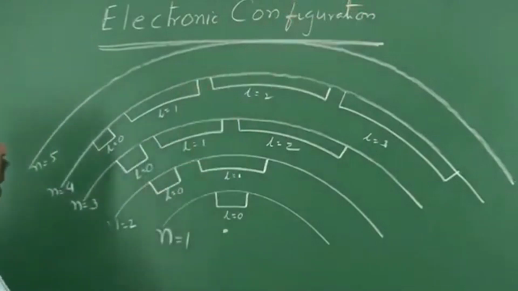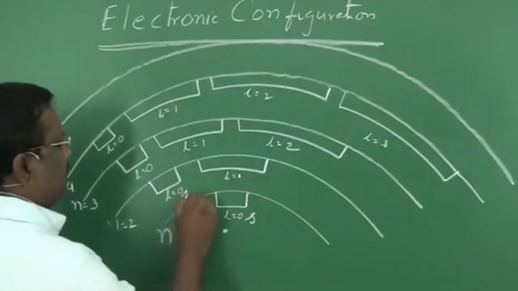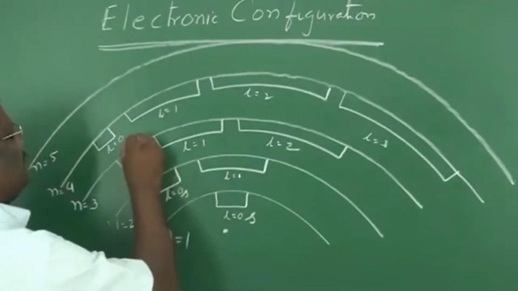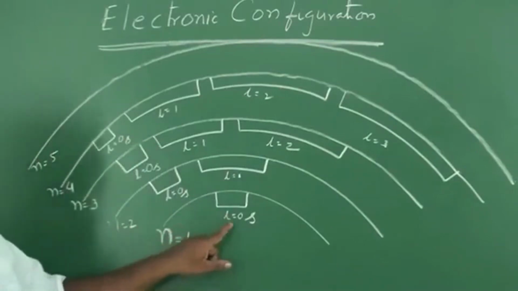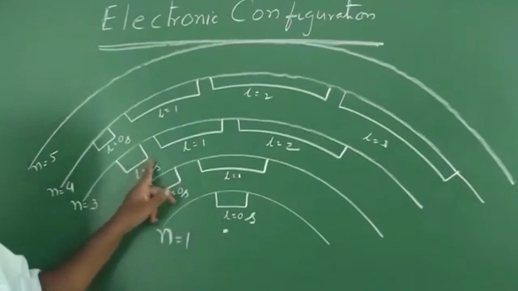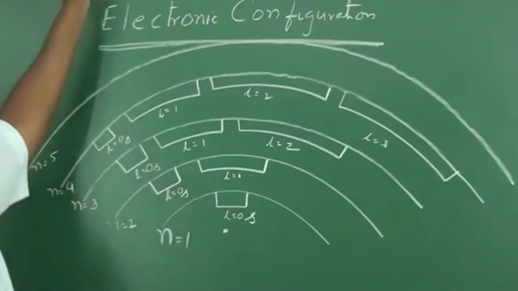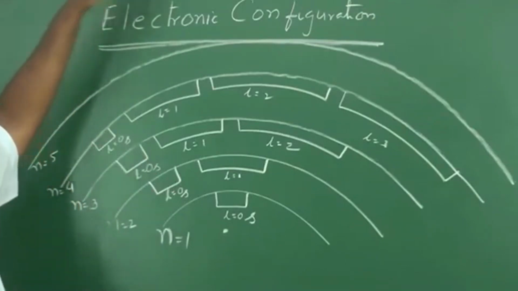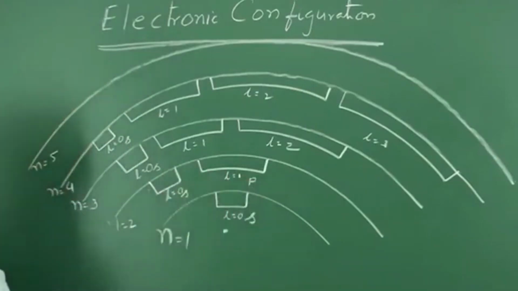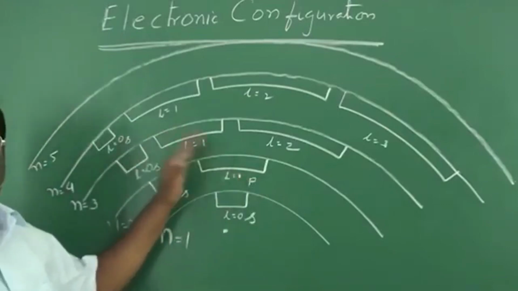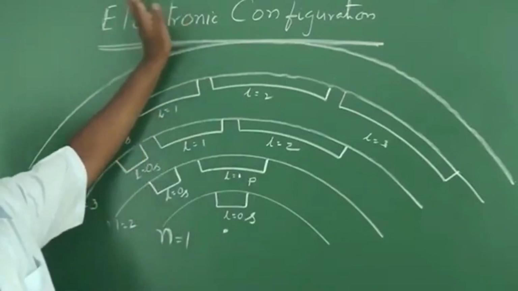When l is equal to 0, it is called the s sub-energy level. Its n value is 1, so we call it 1s, 2s, 3s, 4s, 5s, 6s, 7s, and so on. If l is equal to 1, it is called the p sub-energy level: 2p, 3p, 4p, 5p, 6p, 7p, and so on.